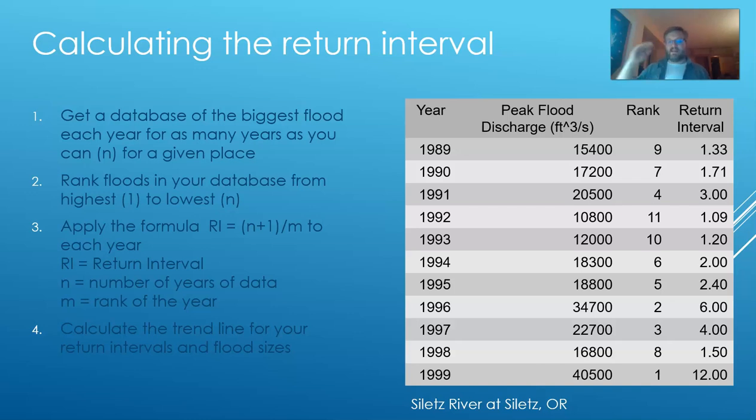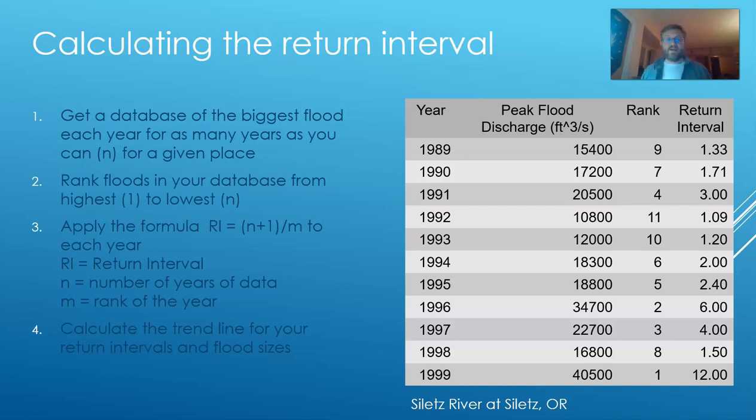We've got the year, and then the peak flood discharge. At this location, we actually have the discharge data, not just the stage data. So it's just the amount of water in cubic feet per second that was moving past this measuring point at the highest that it got to during the biggest flood that year. So here we've got 11 years of data to work with. Lots of places you have a lot more data than this, but this keeps it simple for this illustration.